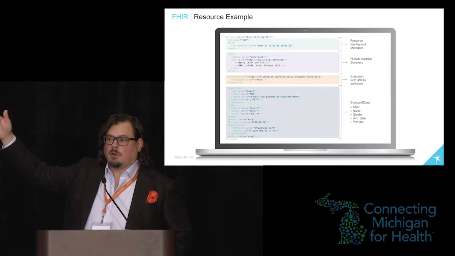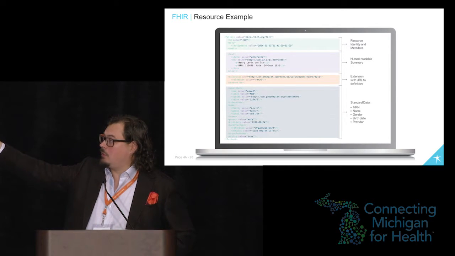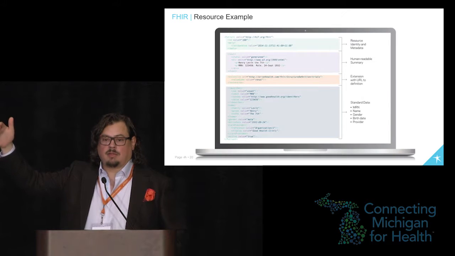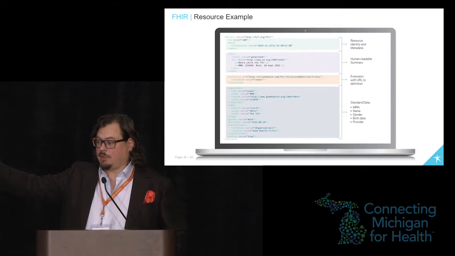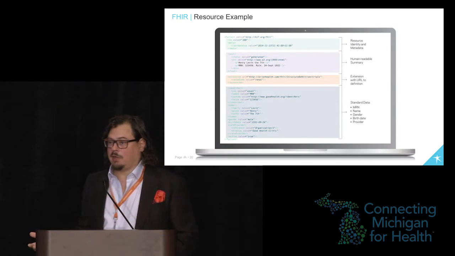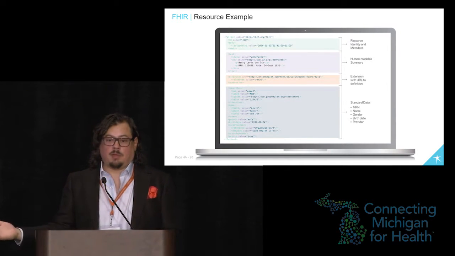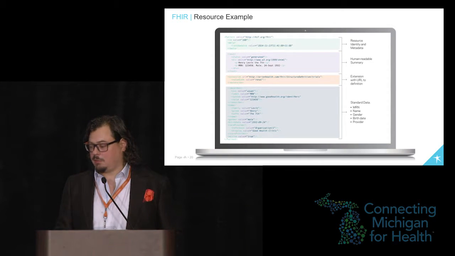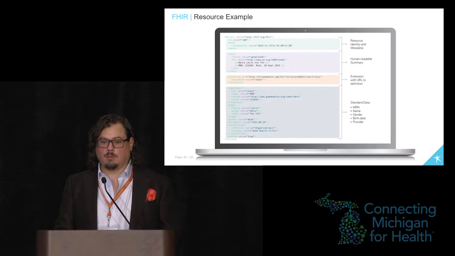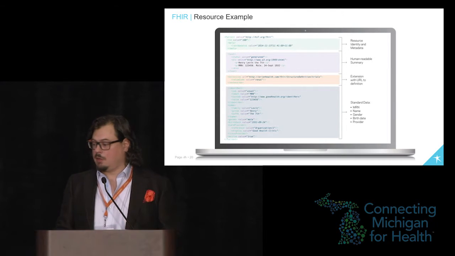So we introduced the ability to create a summary. You can insert a summary that is a narrative of what is included here. So it's human readable, so even if I were that clinician or that patient, if I happened to see this in its raw form, I'd still be able to understand the information that was meant to be shared.